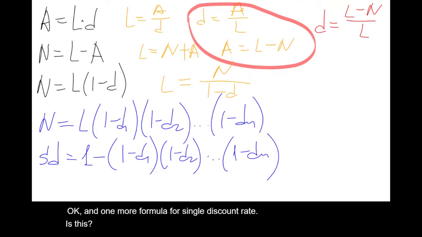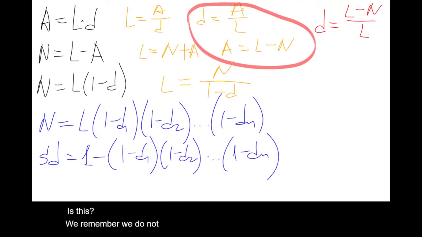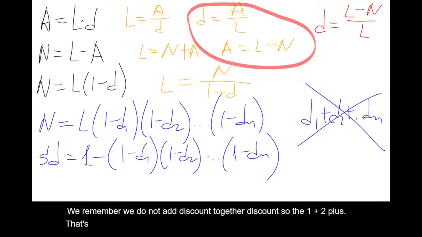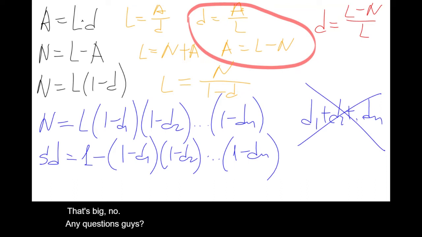We remember we do not add discounts together. So D1 plus D2 plus Dn, that's a big no. Any questions, guys? So let me know when you're done with those formulas.